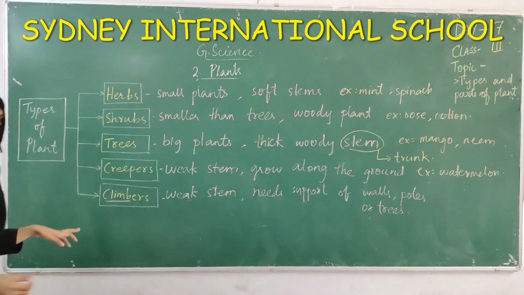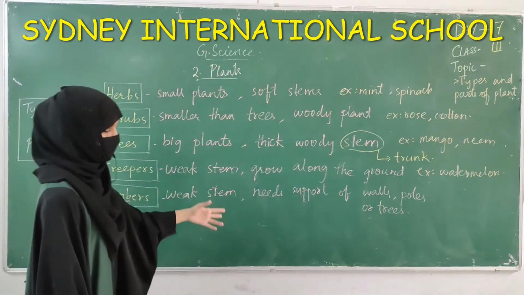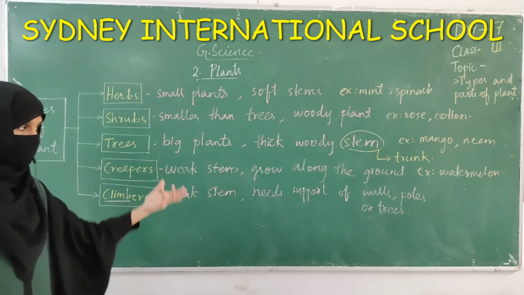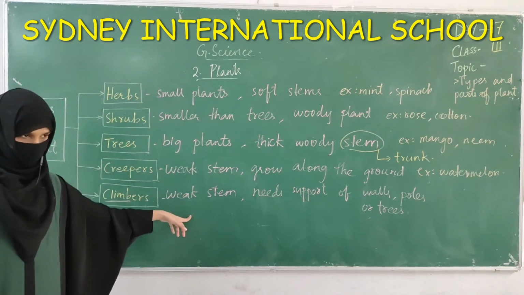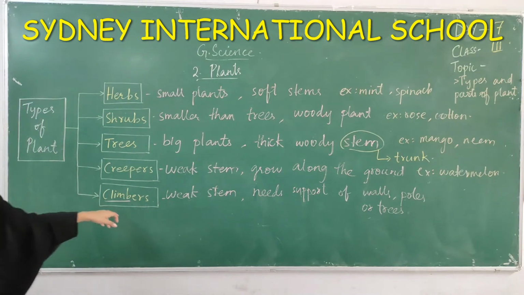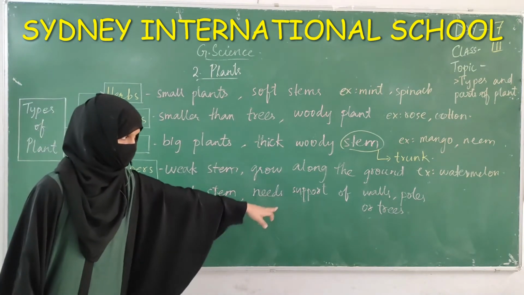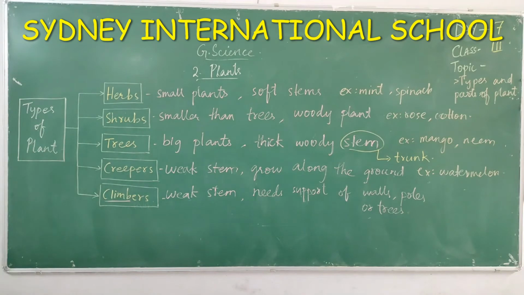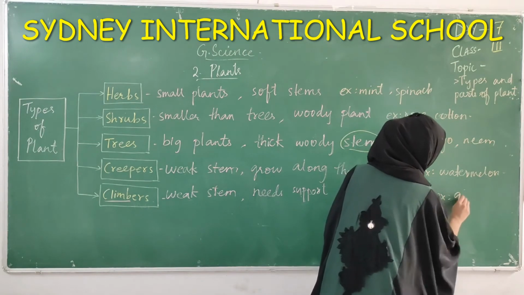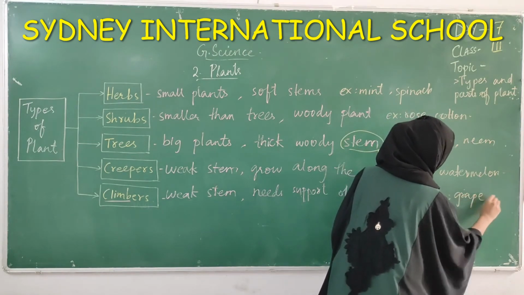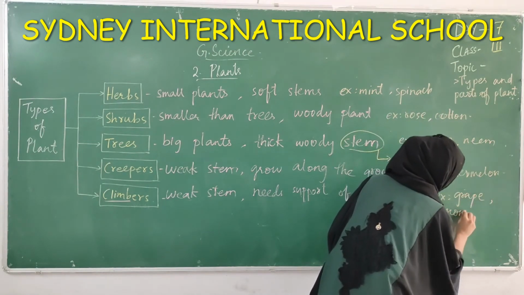Okay? Climbers grow with the support of a wall or a tree or a pole because they are having weak stem. So we can say climbers have weak stem and they need support of walls, poles, or trees to grow themselves. Now example of climbers I'll give you as grape plant and money plant.